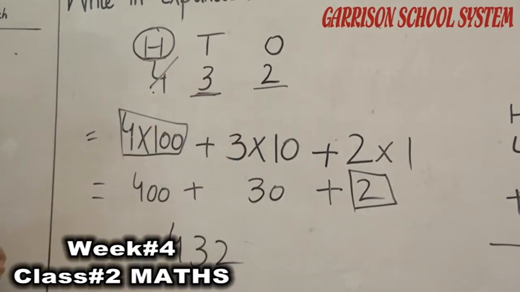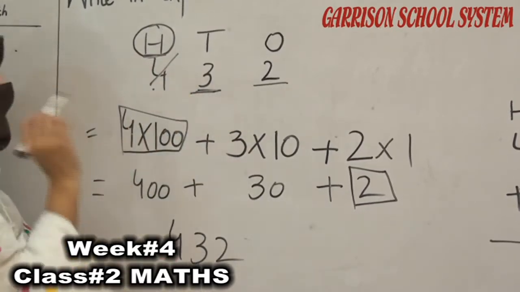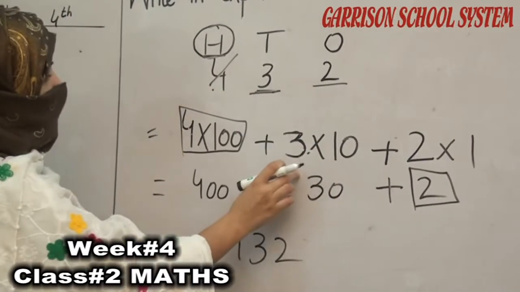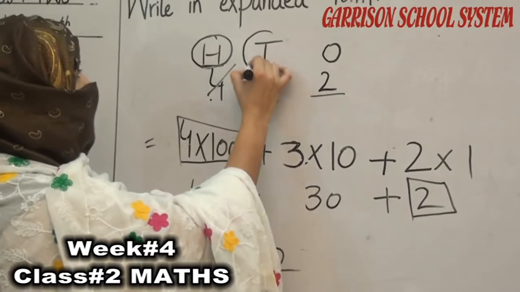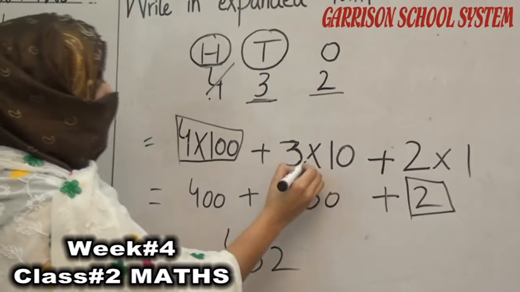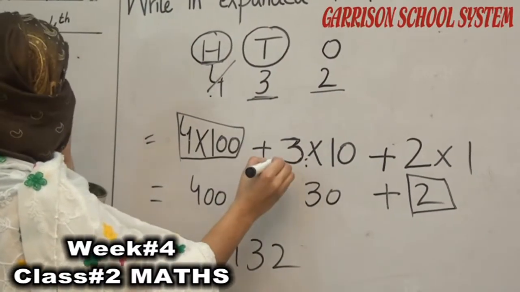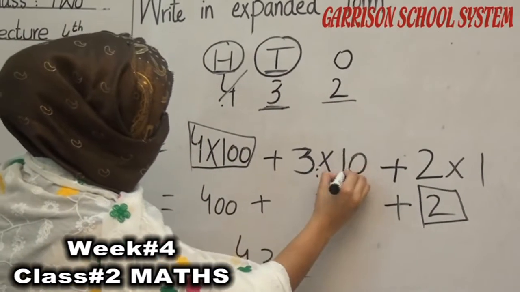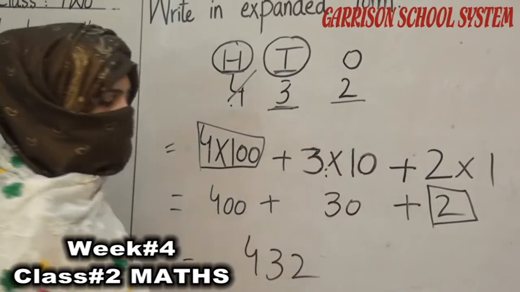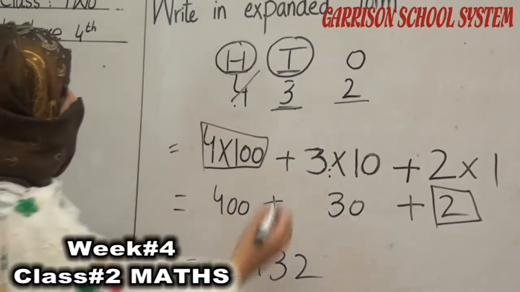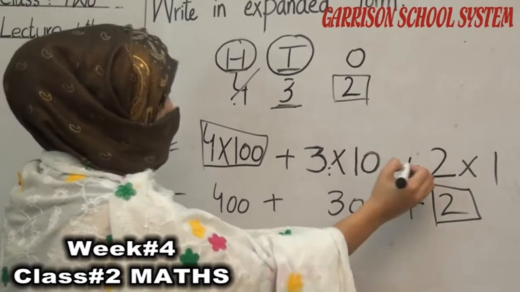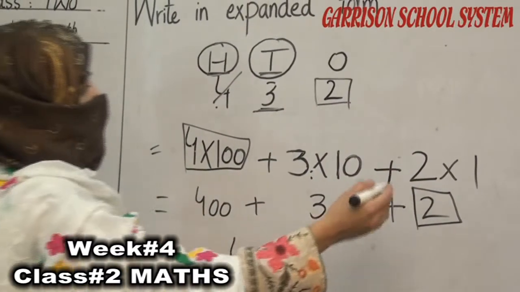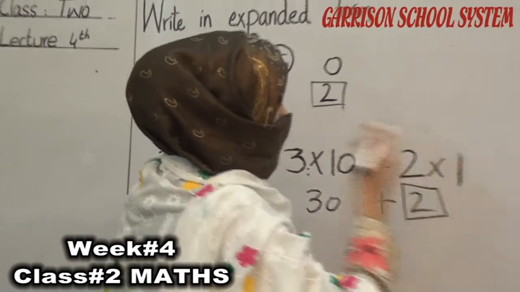Now look at the next number, which is in the tens place. We write 3 here, and its place value is tens, so we multiply 3 by its place value, 10. 3 multiplied by 10 is equal to 30. Now the next number is 2. We write 2, and its place value is 1, so we multiply it by 1.